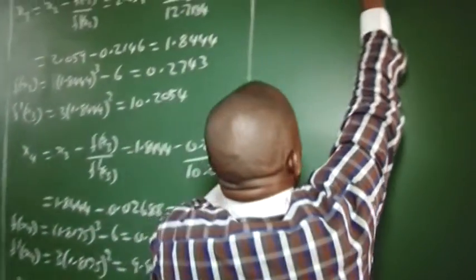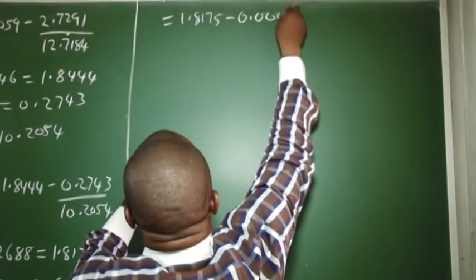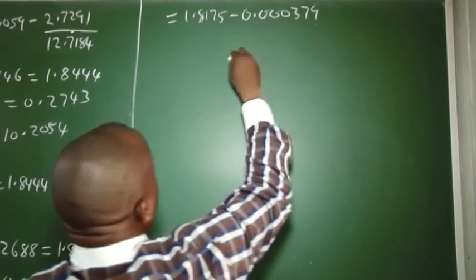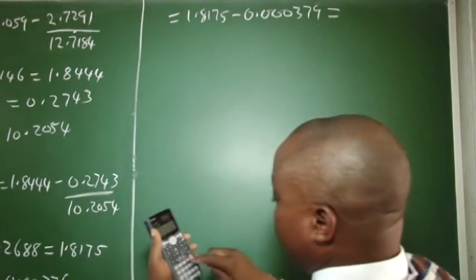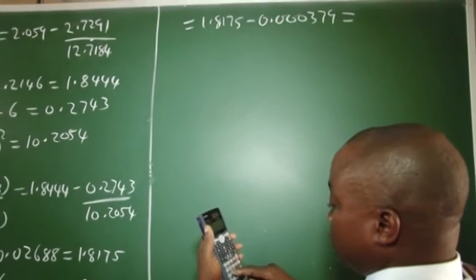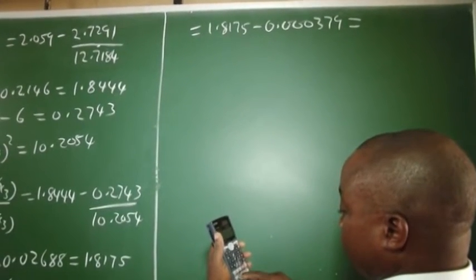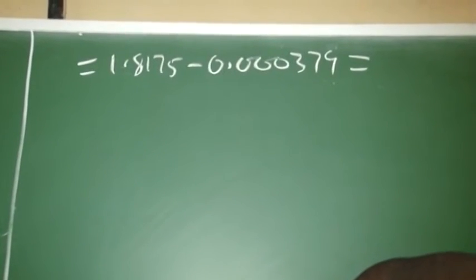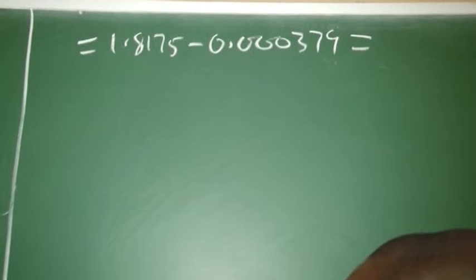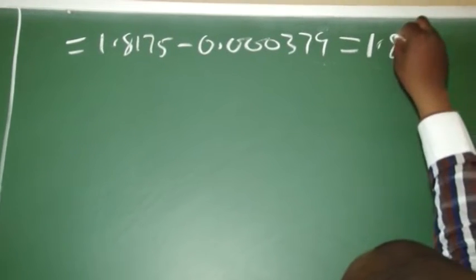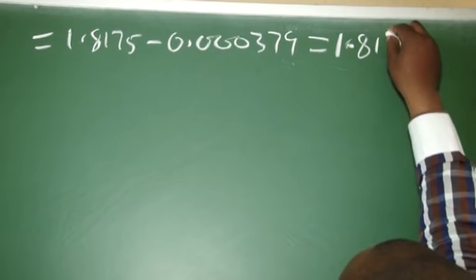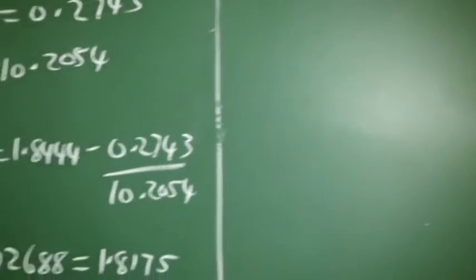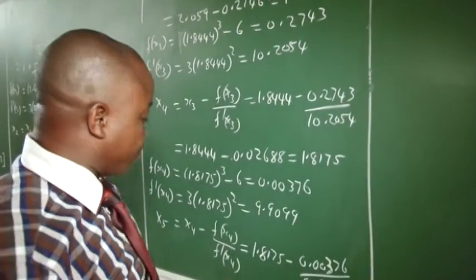That is 0.000379. So 1.8175 minus 0.000379 gives 1.8171. This was 1.8175, so we are very close.